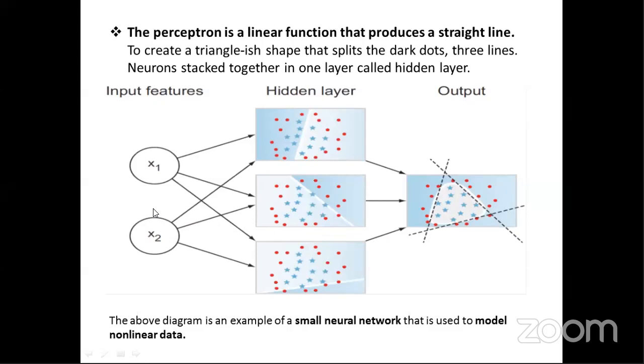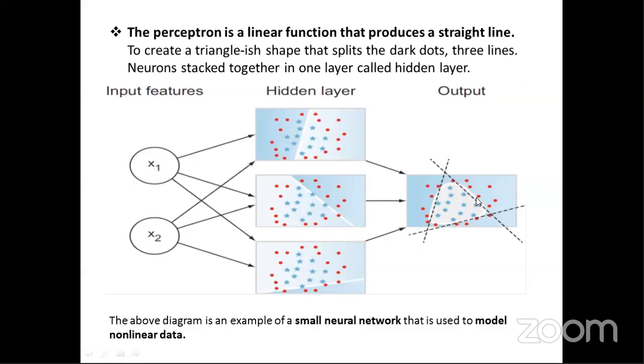All of them are connected to three perceptrons, 1, 2, 3. X1 is connected to perceptron 1, X1 is also connected to perceptron 2, and X1 is also connected to perceptron 3. X2 is connected to them as well. And this is the output layer, and these three are connected to this output. This is called a fully connected architecture, meaning all inputs are connected to all neurons.